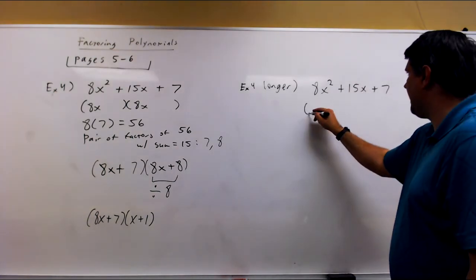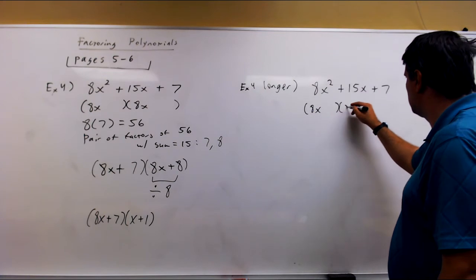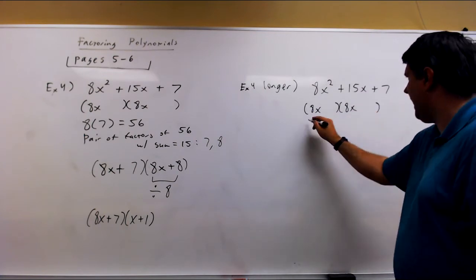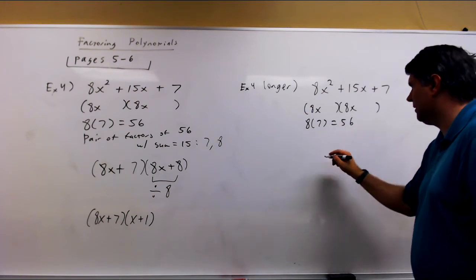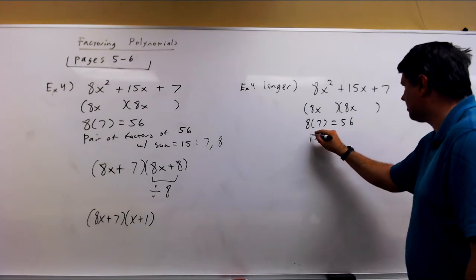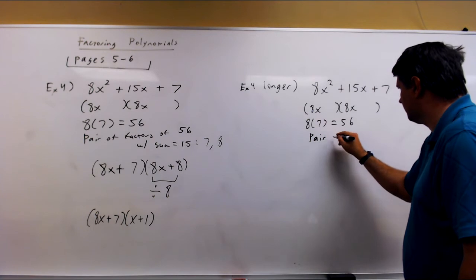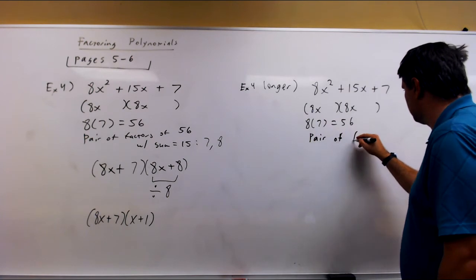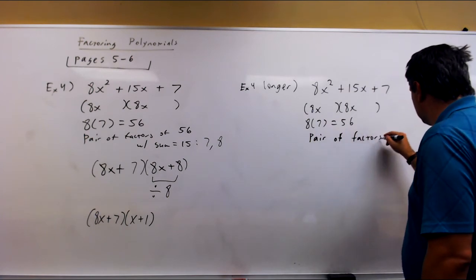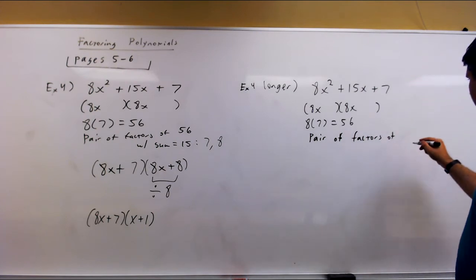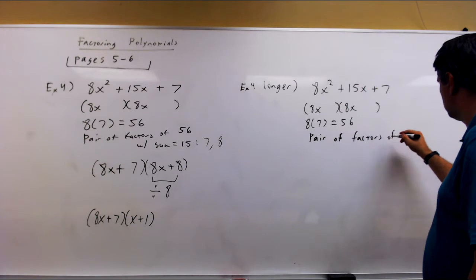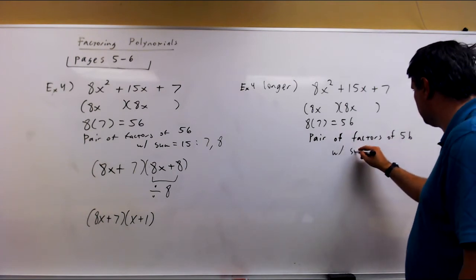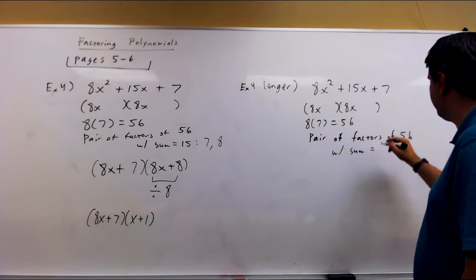I would start with 8x and 8x. 8 times 7 is 56. Pair of factors of 56 with a sum that equals 15.